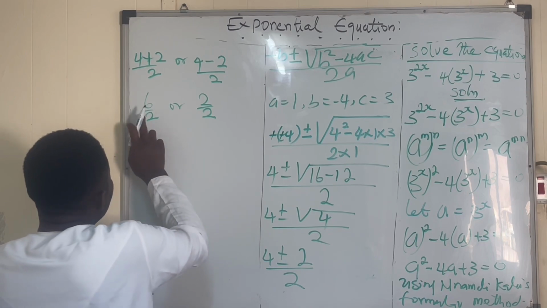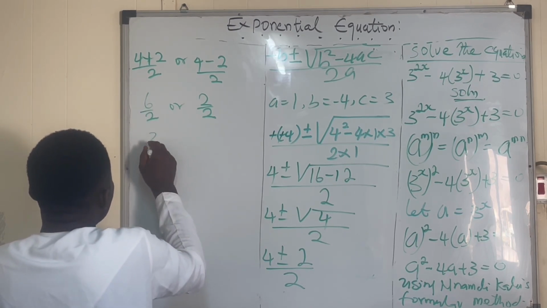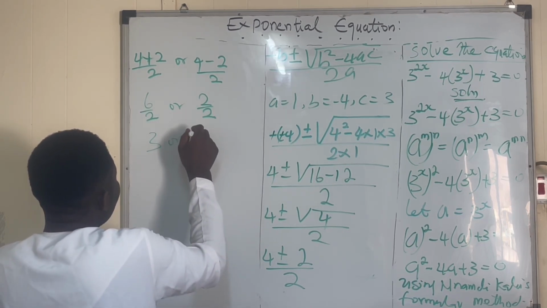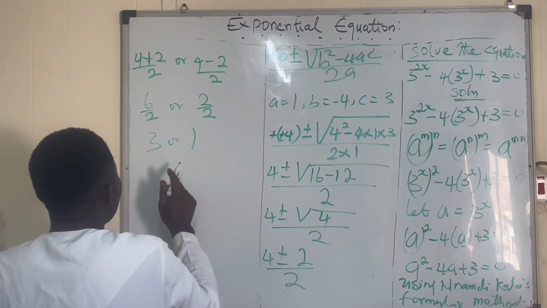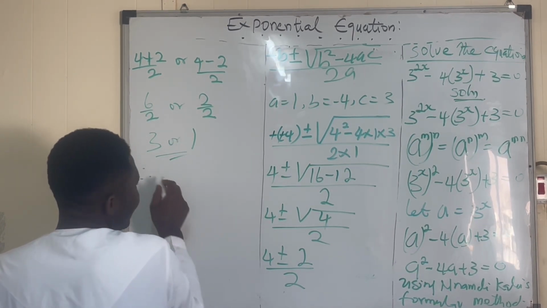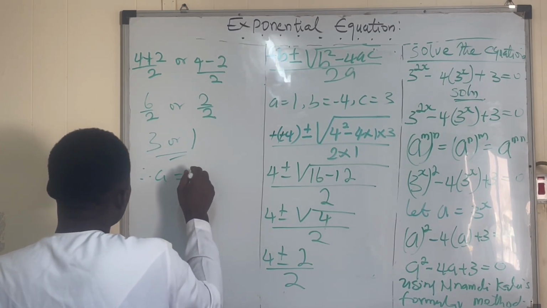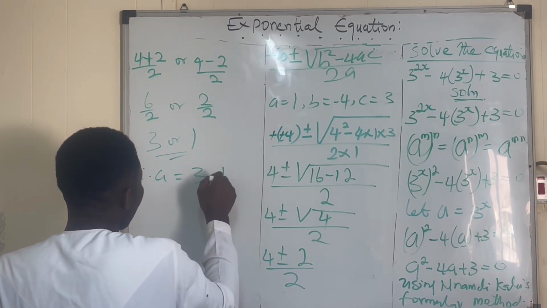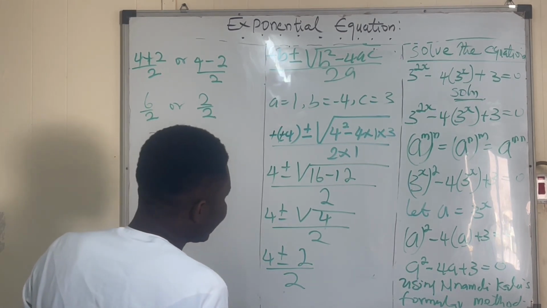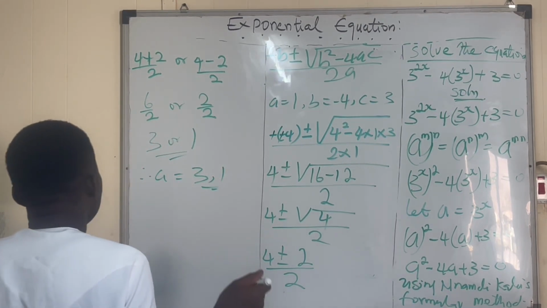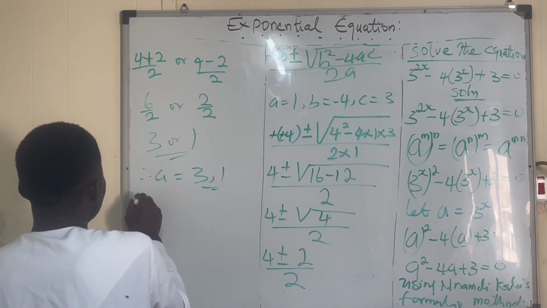Here, 6 divided by 2 gives 3, or 2 divided by 2 is 1. Therefore, the value of a is equal to 3 or 1. But we are not asked to find a. We are asked to find x.